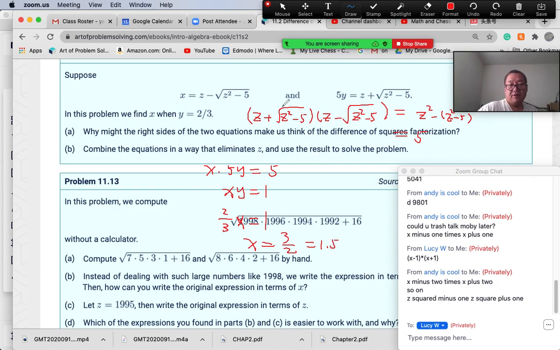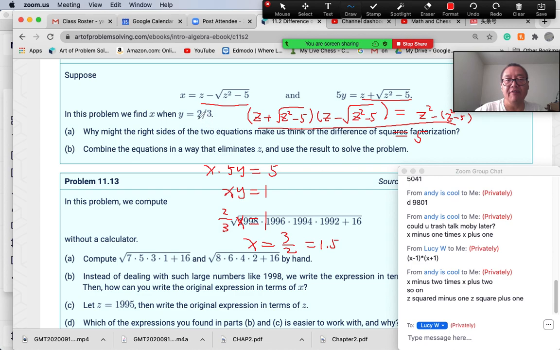See, this one looks hard, but if we can use this formula, multiplying these two expressions together, we get 5. Then on the left side, x times 5y equals this 5.